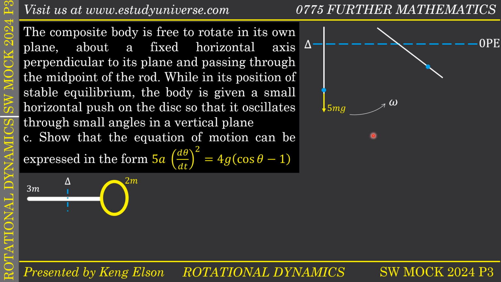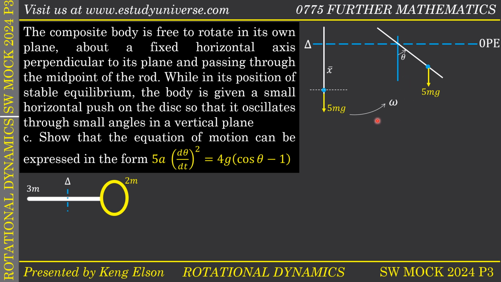At a certain time t, it is now in this position because it has turned through an angle theta with respect to the vertical, since originally it was in the vertical position. The mass is still concentrated there, therefore 5mg is still the weight. With respect to the vertical, the angle turned is the angular displacement, theta, and omega here is theta dot, the angular velocity, that is the change in angular displacement with respect to time.